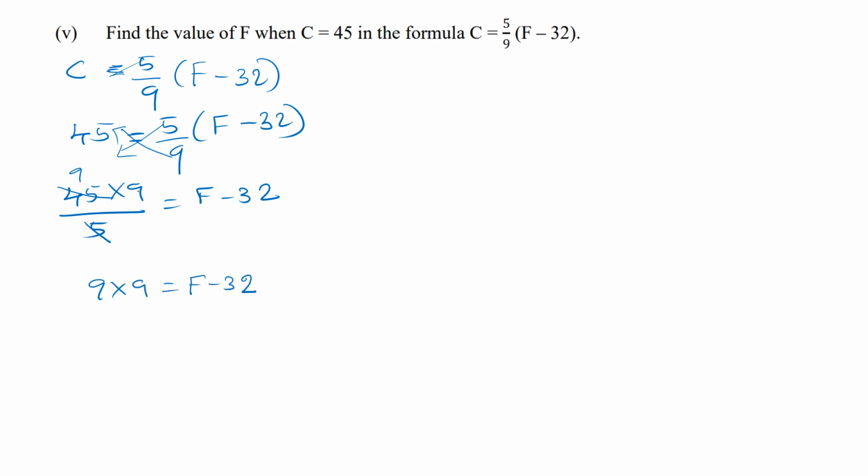So we can take this 32 to the left side. The 9 into 9 is 81 plus 32 is equal to f. Then f is equal to 130, right? Okay, and let's go to the next part.